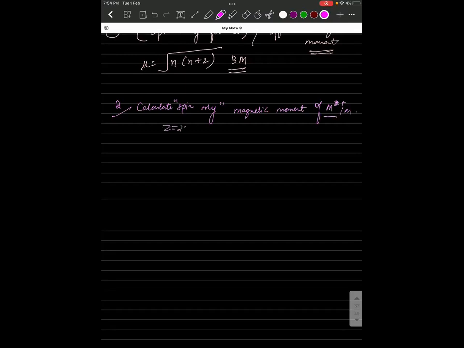Here Z is equal to 27. Now, how to solve this type of question? They are saying that the value of Z, the atomic number, is 27. Which will be the element here? 27.